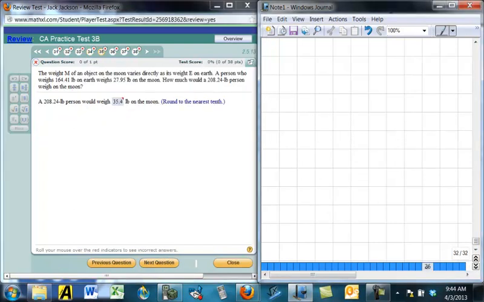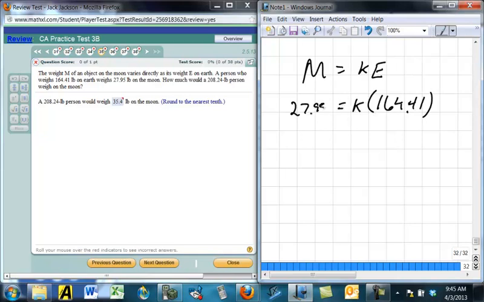The weight m of an object on the moon varies directly as its weight on Earth. m varies, m equals k, directly as the weight on Earth, which is E. So a person who weighs 164.41 pounds on Earth, that's E, times k equals 27.95 pounds here.